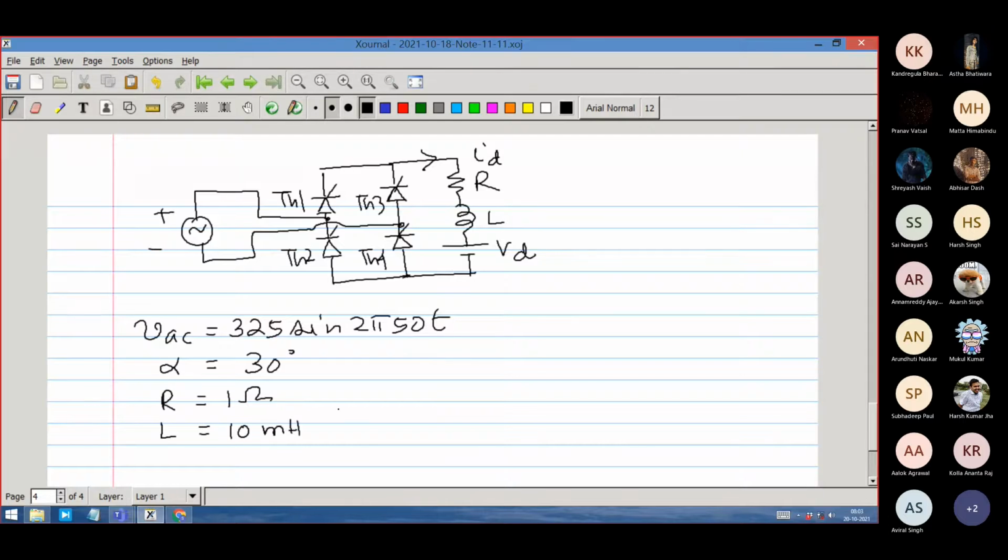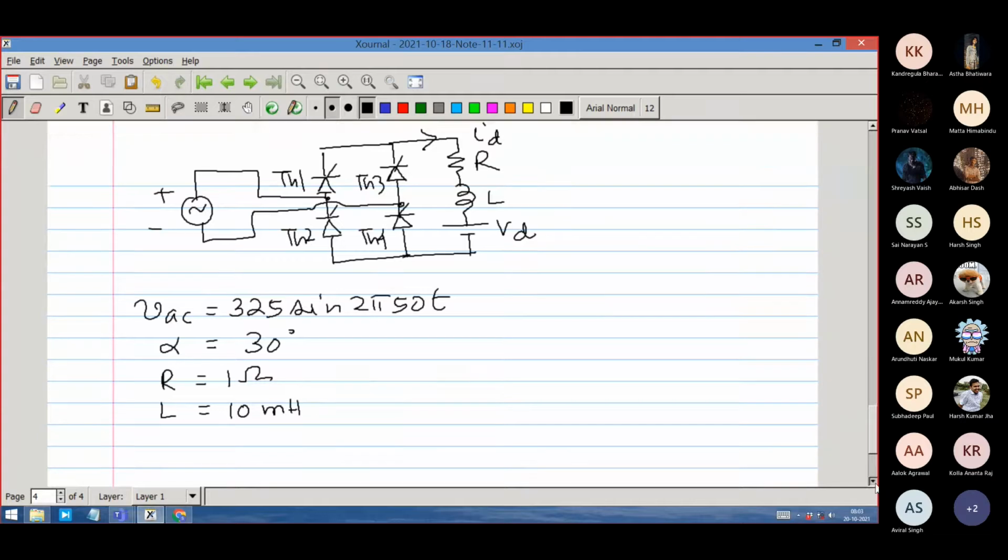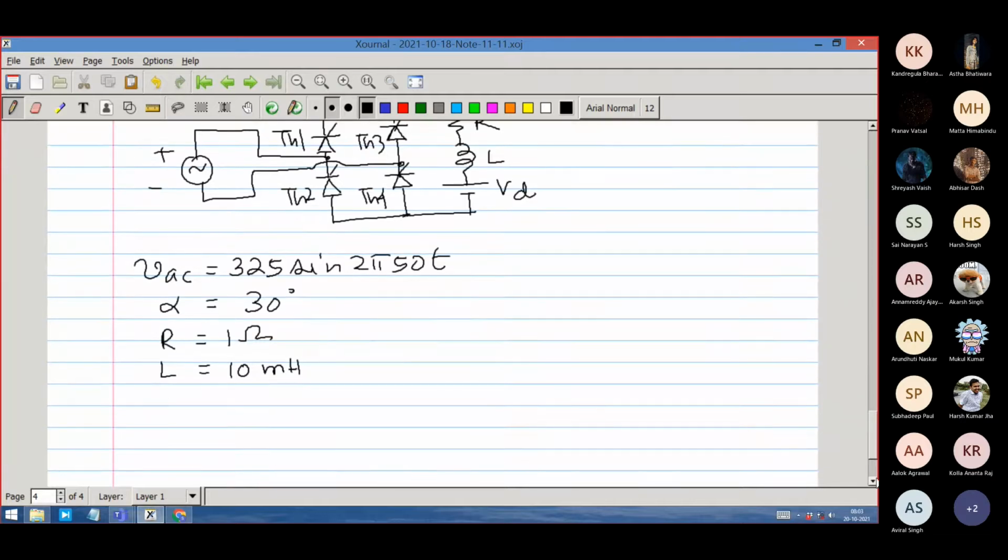These numbers will not matter at all, provided VD is greater than 2 Vm by pi cos alpha. Then, irrespective of R and L values, this will be in discontinuous conduction mode.